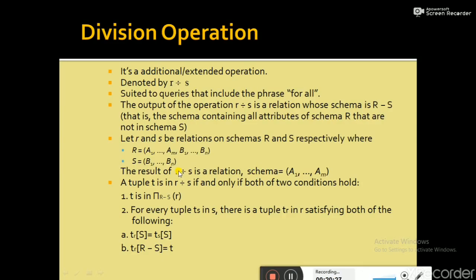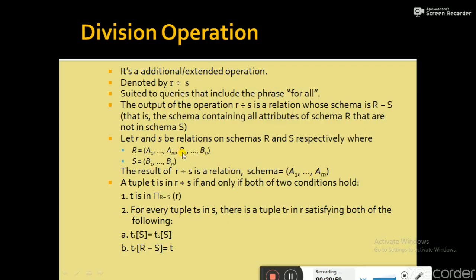Because after performing R division S, the temporary relation will retain only those attributes from R which are not present in S. So R contains A1, A2, ..., Am, and that set of attributes is not present in S. So A1, A2, A3, ..., Am will be in the temporary relation.